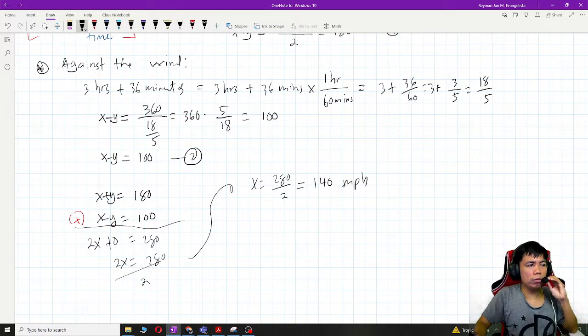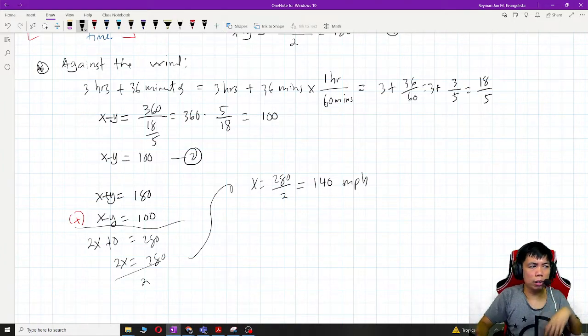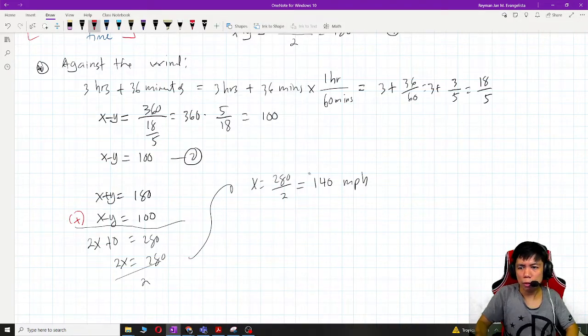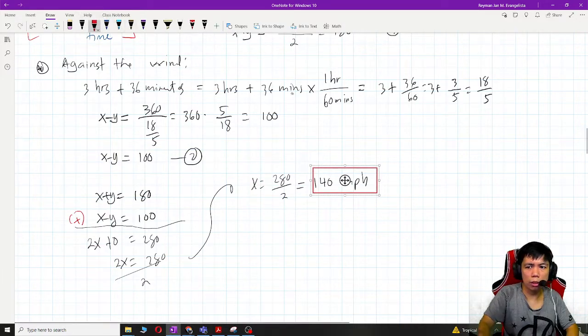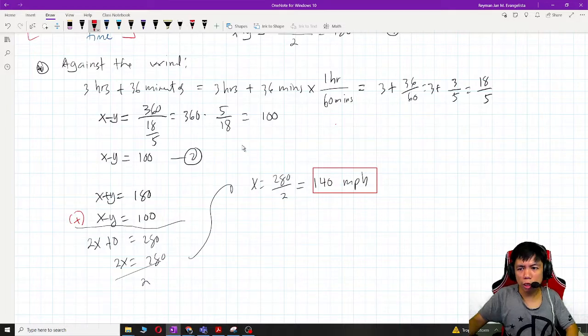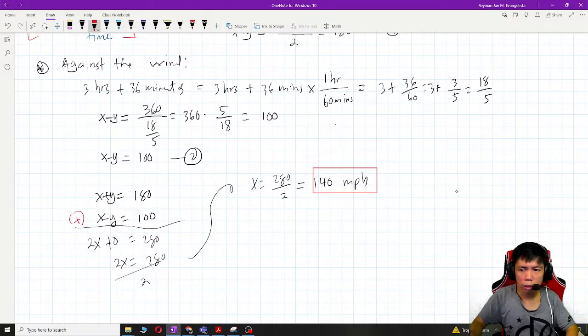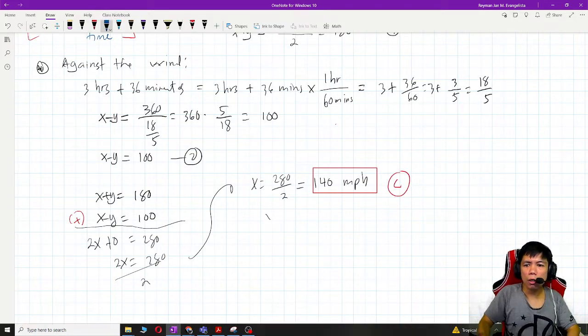So the speed of the airplane in still air is 140 miles per hour, which is letter C.